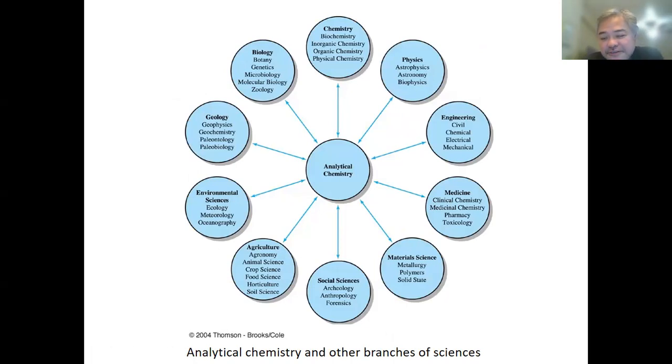Andun lagi yung analytical chemistry. Because when you say analysis, especially the word chemical before analysis, most likely you're doing analytical chemistry, right?